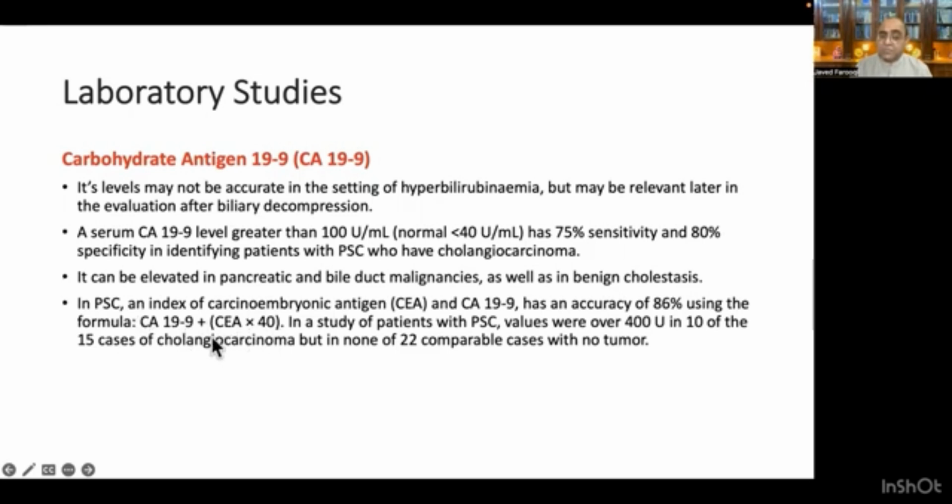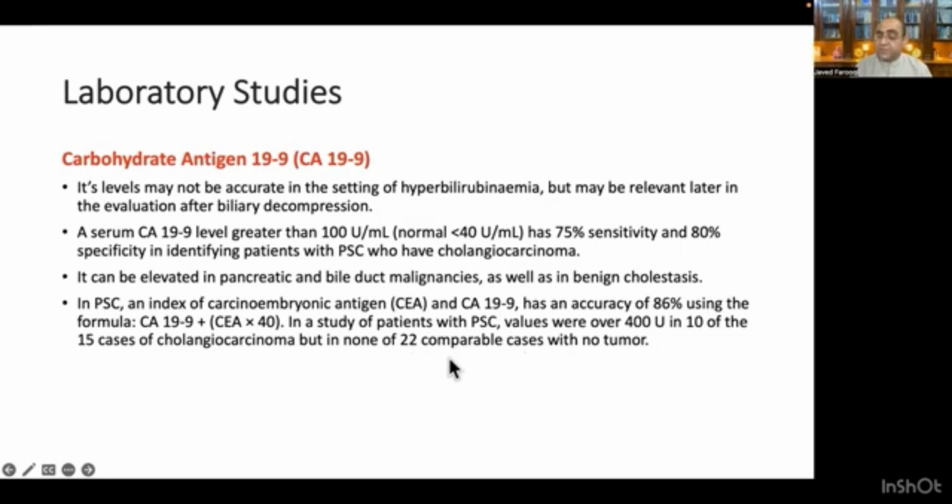By using this formula, it has an accuracy of 86% in identifying the patients having cholangiocarcinoma. In one study, in patients with primary sclerosing cholangitis, values were more than 400 in 10 of 15 cases of cholangiocarcinoma, but in none of 22 comparable cases with no tumor.